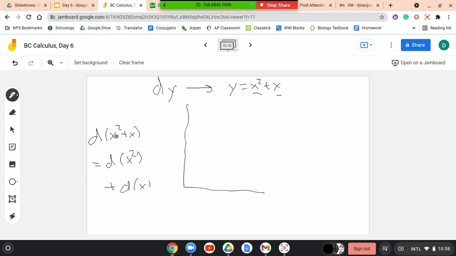Because we get the heights of this function by taking whatever the height of this function is and adding it to whatever the height of this function is. So if we increase our x coordinate by some tiny value, the change in our y coordinate is whatever the change in this y coordinate is plus whatever the change in this y coordinate is. Does that make sense?